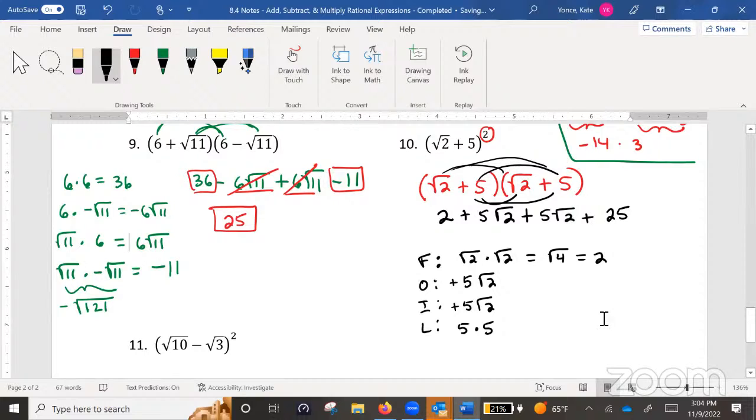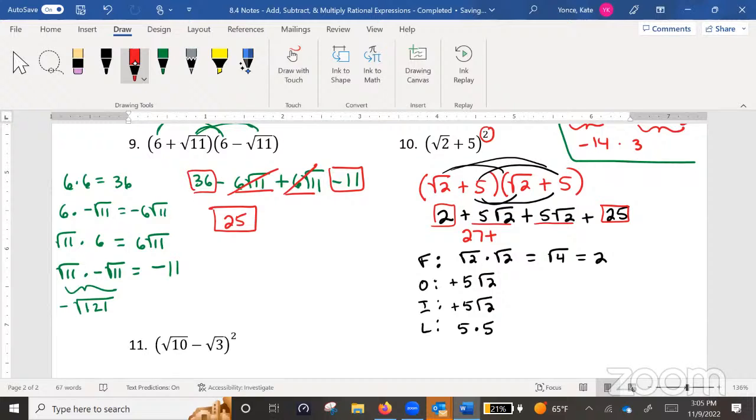All right. So this is a like term with this. So we get 27. These are like terms. Do they cancel out? No, because they're both positives. Remember, one needs to be negative and one positive to cancel out.